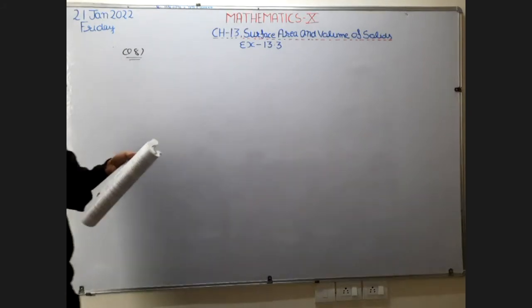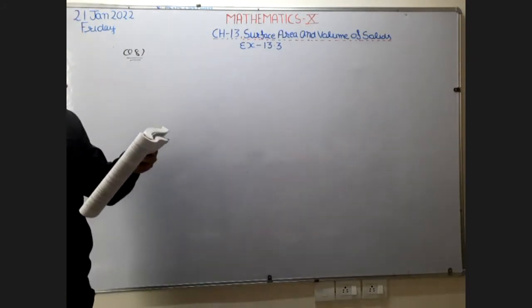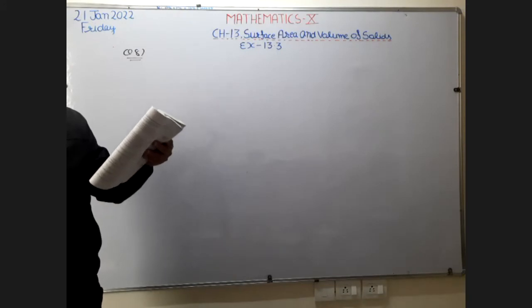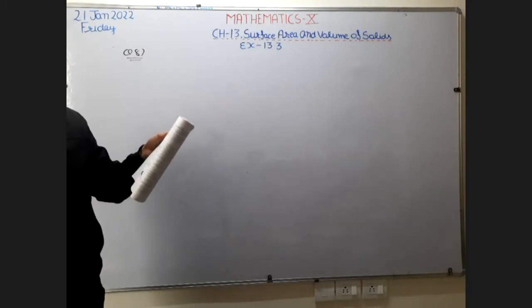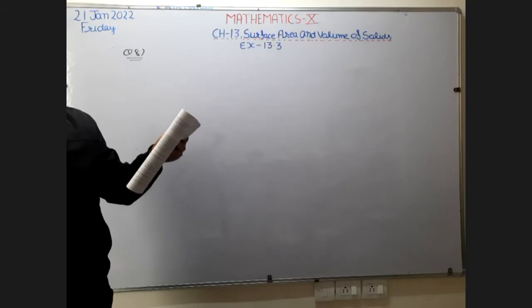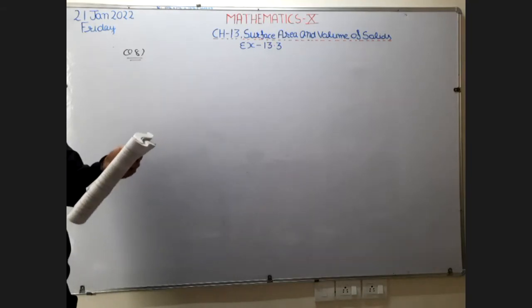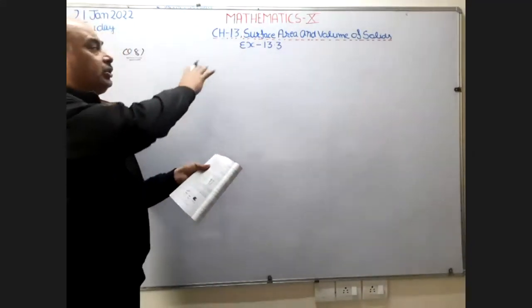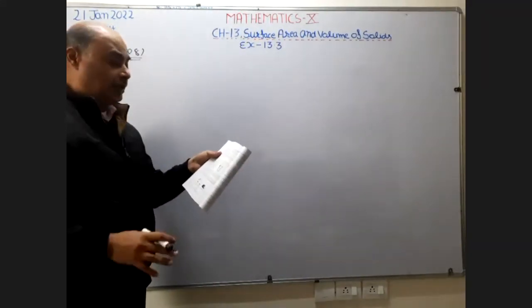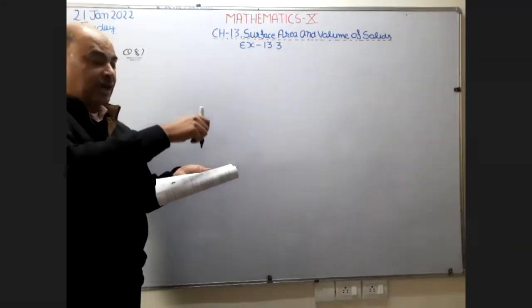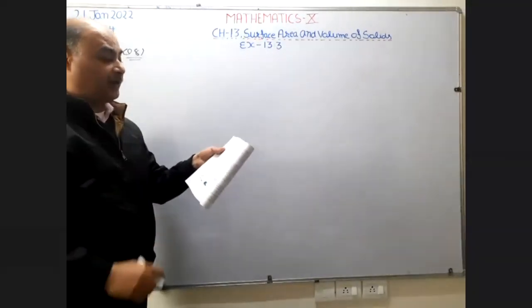Water in a canal 6 meters wide and 1.5 meters deep is flowing with a speed of 10 kilometers per hour. How much area will it irrigate in 30 minutes if 8 centimeters of standing water is needed? Read this question again. Some water is going to flow in the canal. The width of the canal is given as 6 meters and the depth, meaning height, is given as 1.5 meters.